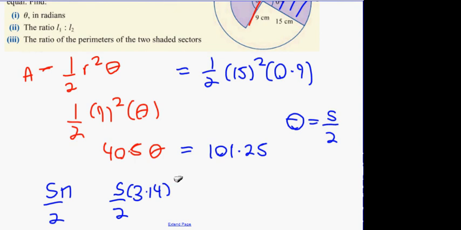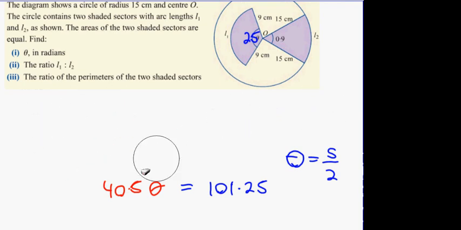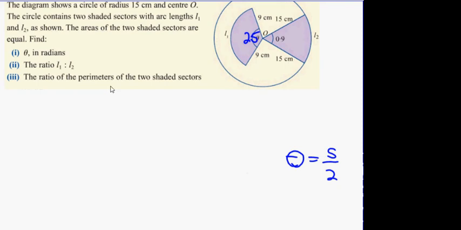Okay. Now lads, the ratio of L1 to L2. A few of you are going to say, I got the right answer, why didn't I get the marks? The reason why you got the right answer was a fluke as opposed to anything worthwhile. I'll tell you now. Theta is 2.5. Now that I'm done with all this part here, what I can next say is that L equals r theta, which is in the notes.